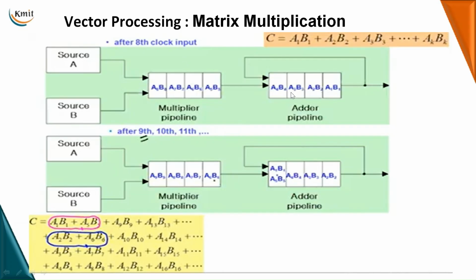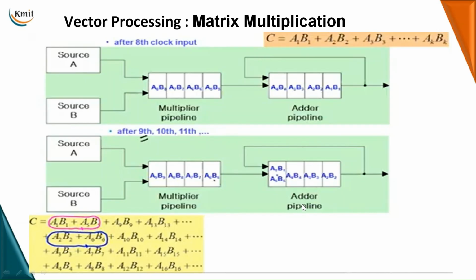This goes on until, after the eighth clock cycle, you get A8 B8 here. Now after the ninth clock cycle, the output here is given as an input back to this particular stage. So whatever is output here, which is A1 B1, is again given as an input to the adder pipeline.